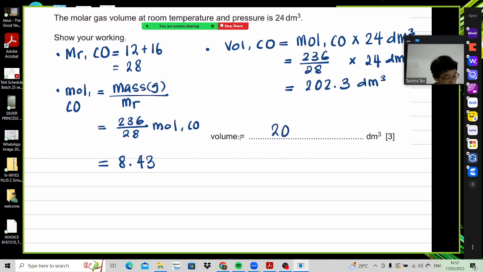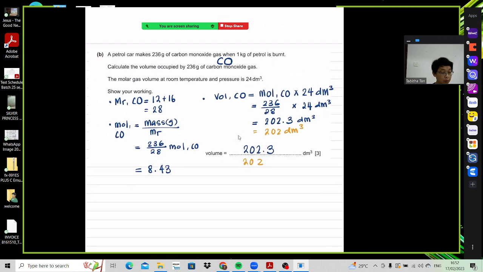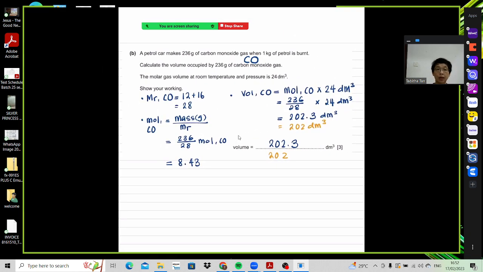Simply putting 202 is acceptable also because it is 3 significant figures. So that is the assurance. Mastering the 2 pieces of the basic information will surely lead you to the full 3 marks of answering questions of this category.